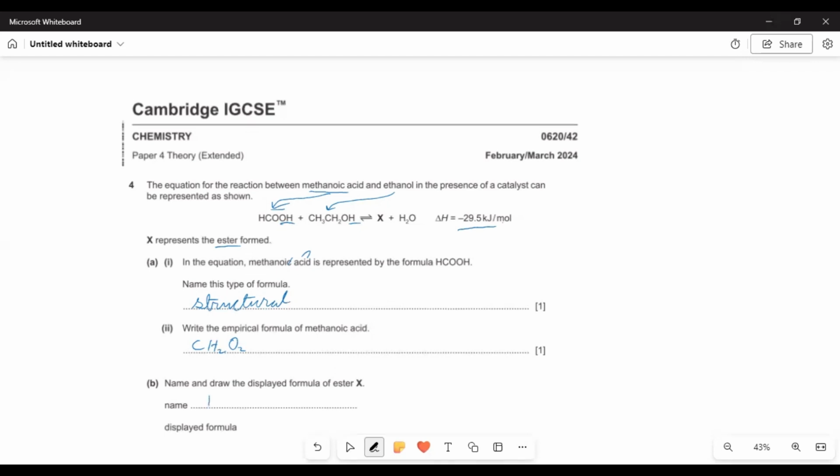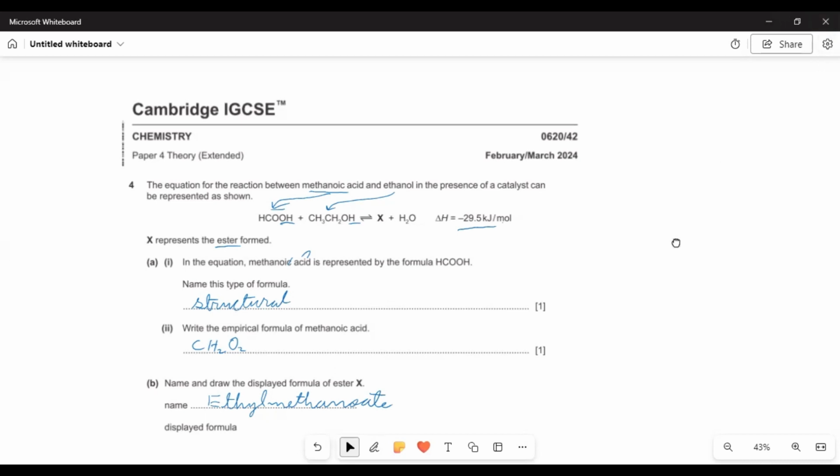So the name of the ester: the first part is from the alcohol. The alcohol is ethyl alcohol, so it is ethyl, and from methanoic acid it is methanoate, so ethyl methanoate. Oate is the suffix used for an ester.